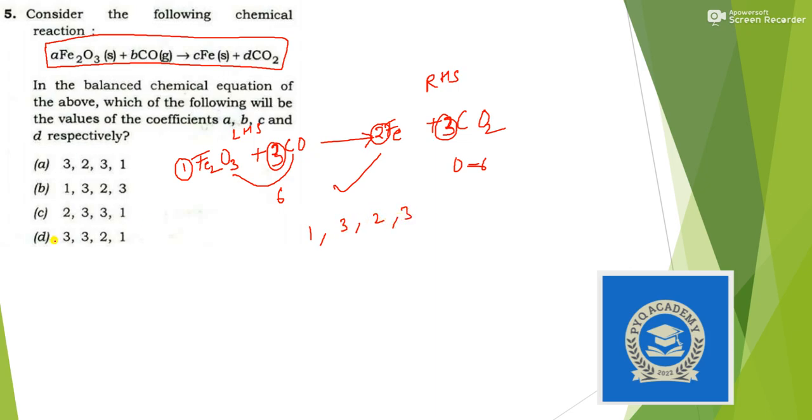Okay, so answer is option B, 1 3 2 3, values of A, B, C and D respectively. This was a quite easy question. You just do it simply, and this method of balancing has been given in class 9.